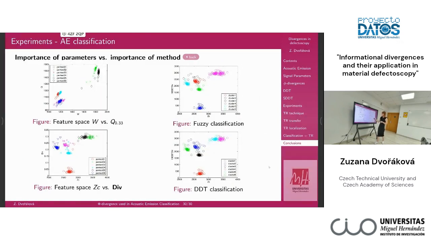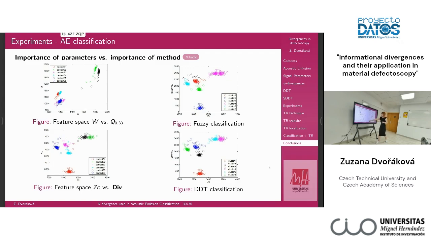What we can do is choose another type of parameters. If we use another parameter, zeta c, our divergence parameters, we obtain quite well separated clusters. This is a better input for the classification method, because the clusters are compact and well separated.